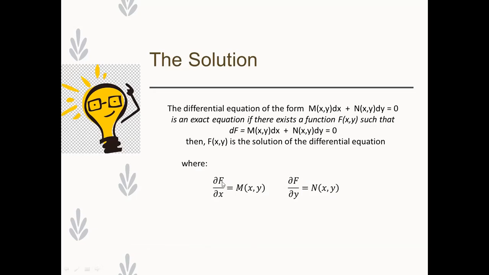And this partial derivative of f with respect to x is actually equal to the M that appears on your original differential equation, the coefficient of the differential of x. Now, the coefficient of the differential of y, which is N of x and y, is actually equal to the partial derivative of your solution f with respect to y.